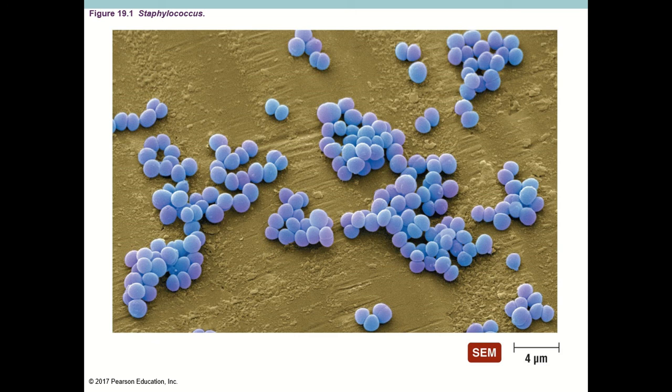Okay, the other group is a high G+C bacteria, which is the opposite of the low, meaning that the high G+C would contain a high percentage of guanine cytosine base pairs found in their genome.